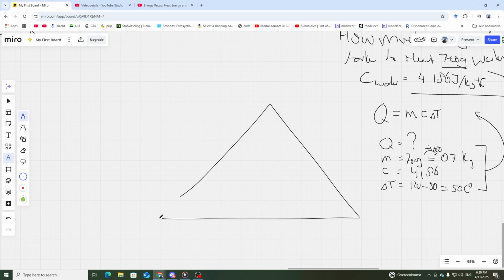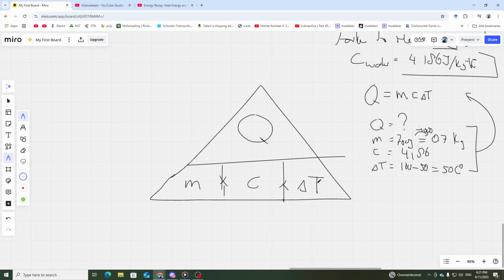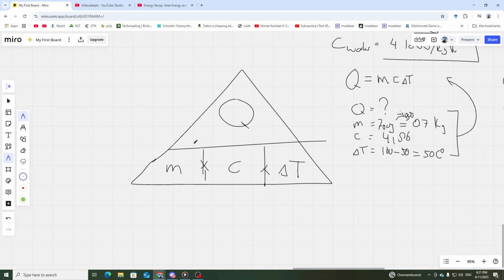So remember the triangles. We have Q up top, and then we have M times C times delta T. Let's remind ourselves how that works.